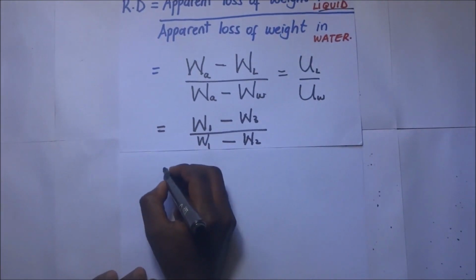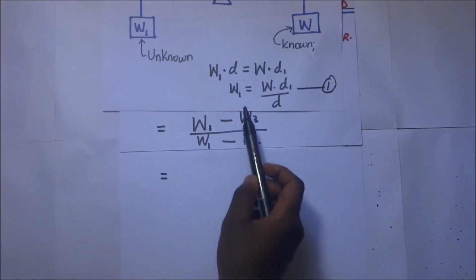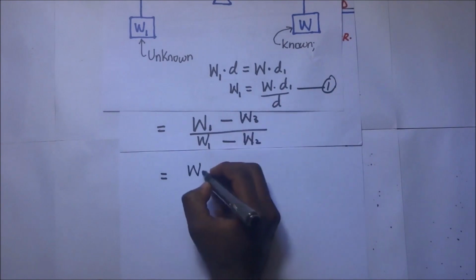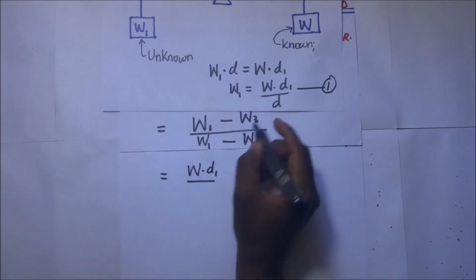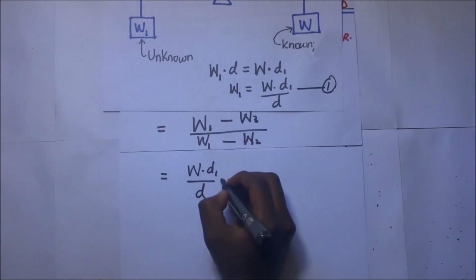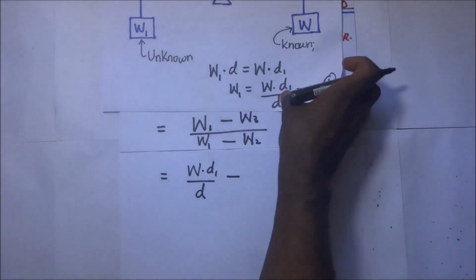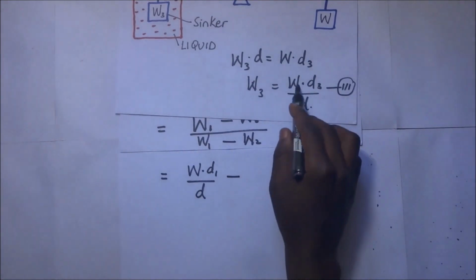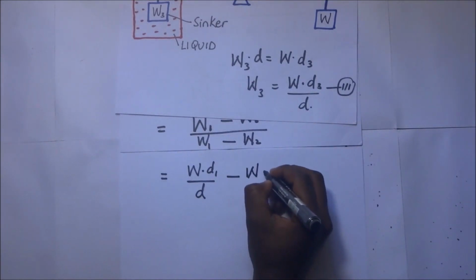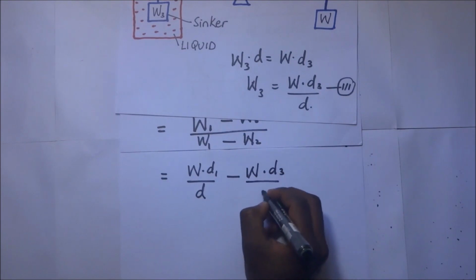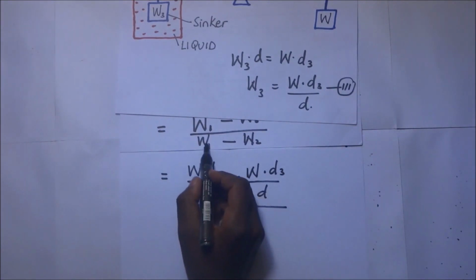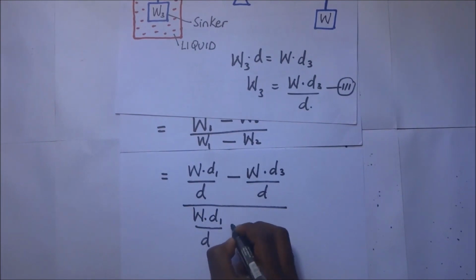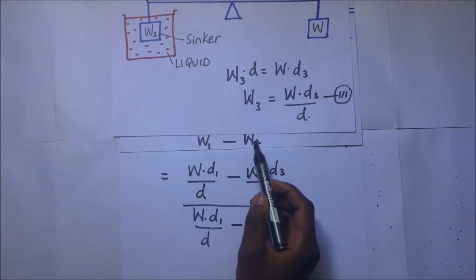So we will go ahead and make the necessary substitutions. What is W1? W1 is W times D1, divided by D, minus W3. W3 is given by W times D3, divided by D, divided all that by W1 still, which is W times D1 over D, minus W2.